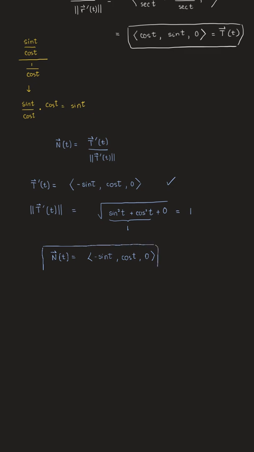Now, just to verify that we found the correct vector, it doesn't verify that it's correct, it just verifies one of the properties. Let's show that, in fact, T and N are orthogonal. We're going to show this by finding the dot product of these two vectors and showing that this dot product will be 0.